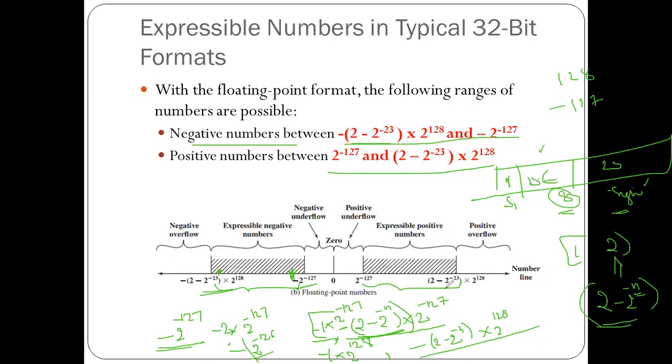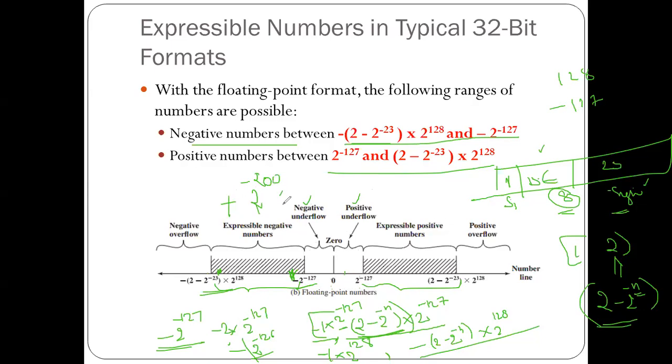See, by observing this, you cannot represent a value in between 0 and this value. So we call this a positive underflow. Similarly, negative underflow. If you have numbers still lesser than this exponent, let us suppose 2 power minus 200, a positive 2 power minus 200 will be somewhere in between these two.